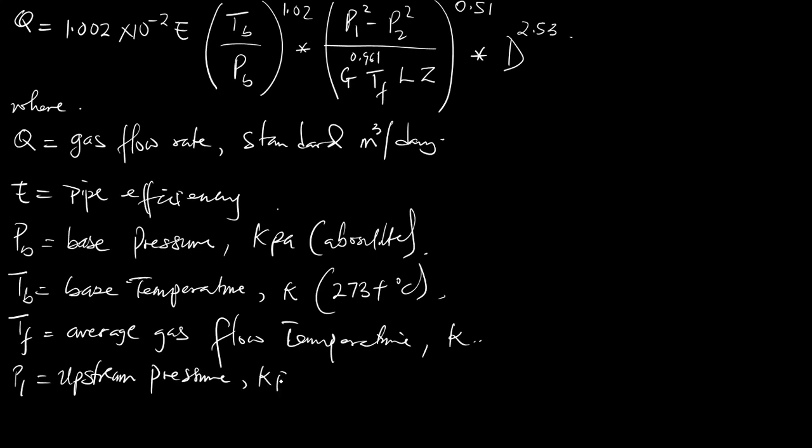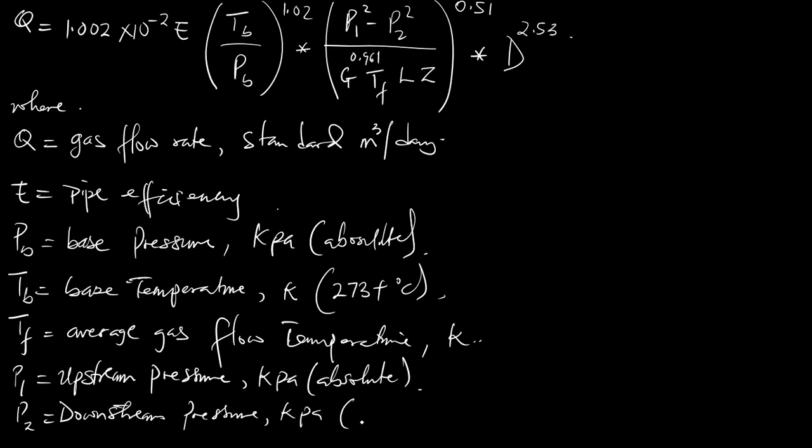This is in kilopascal, absolute. Now you have P2, which is the downstream pressure. In kilopascal, it should be absolute again.